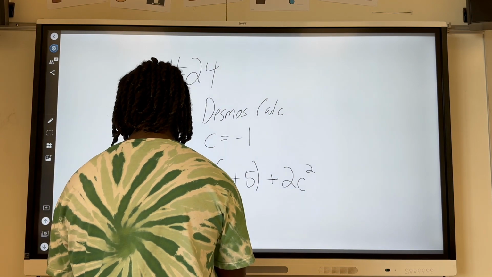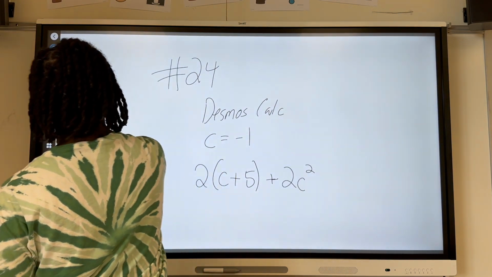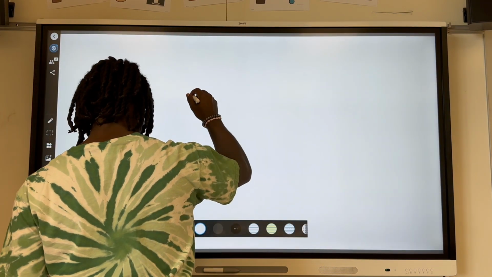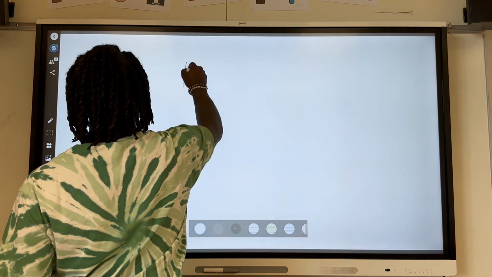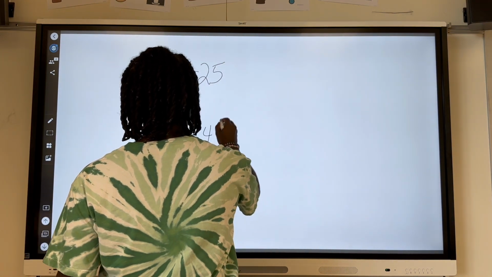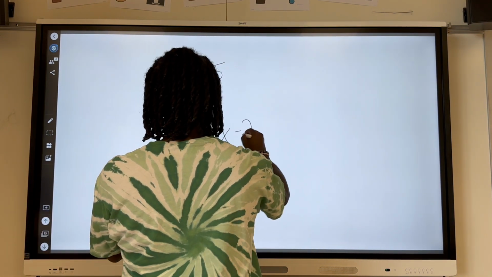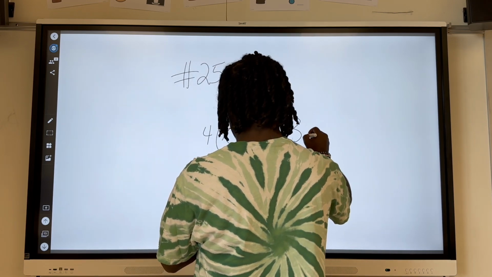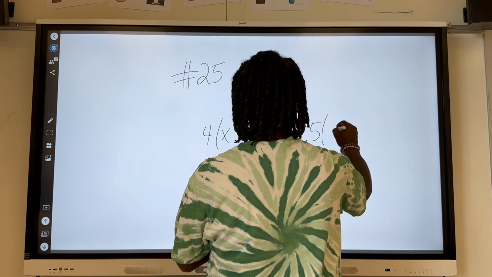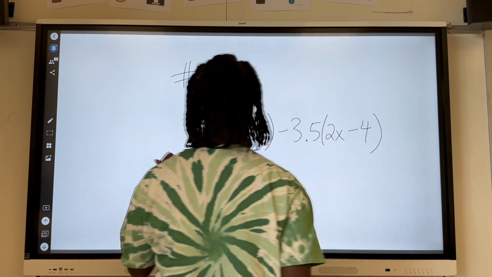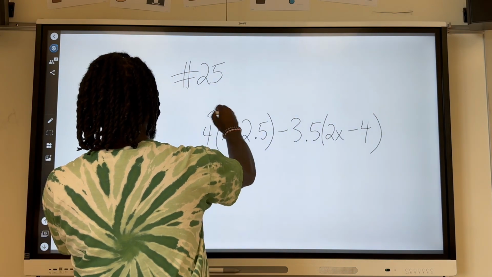All right, moving on. Question number 25. Okay, so for question number 25, we got to use the distributive property. The only thing that might make this difficult is that we have decimals, but you're still going to do the distributive property as you would any other time.